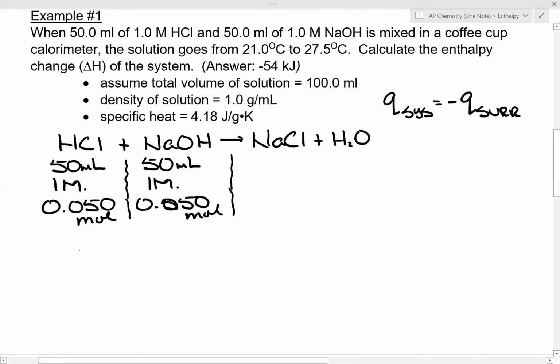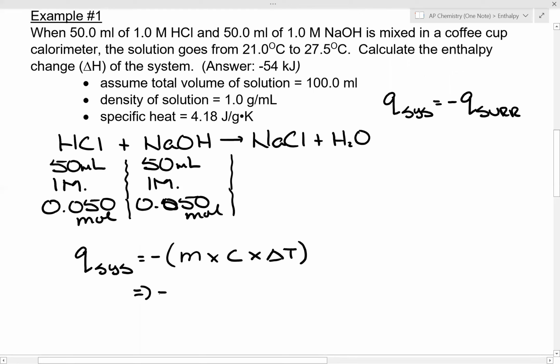If we were to set this up, remember delta H is talking about the system. So Q of the system is equal to negative Q of the surroundings, which is m times c times delta T. Now, where do we get the mass?